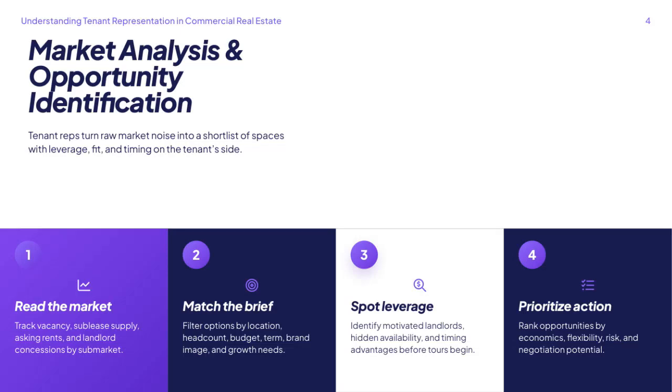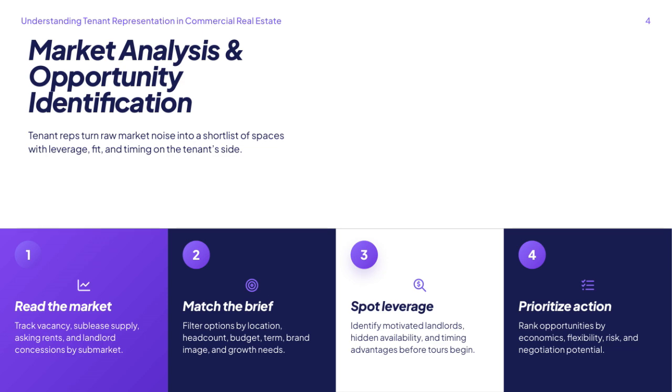When it comes to market analysis and opportunity identification, tenant representatives play a crucial role in cutting through the noise of the real estate market. The first step is to really read the market. This means closely tracking key factors like vacancy rates, sublease availability, asking rents, and any landlord concessions across different submarkets.